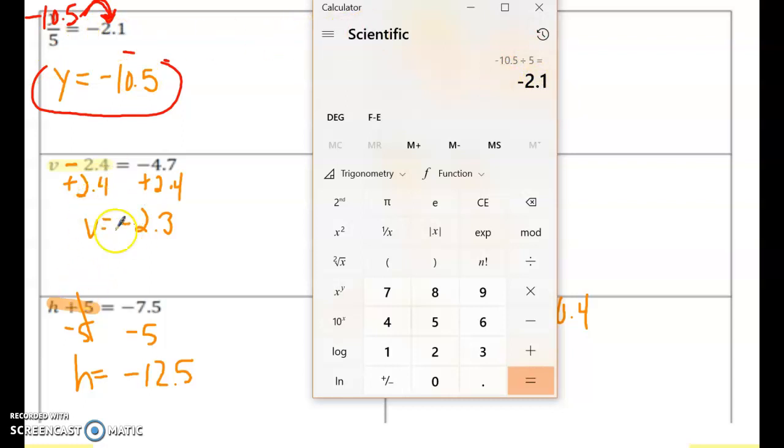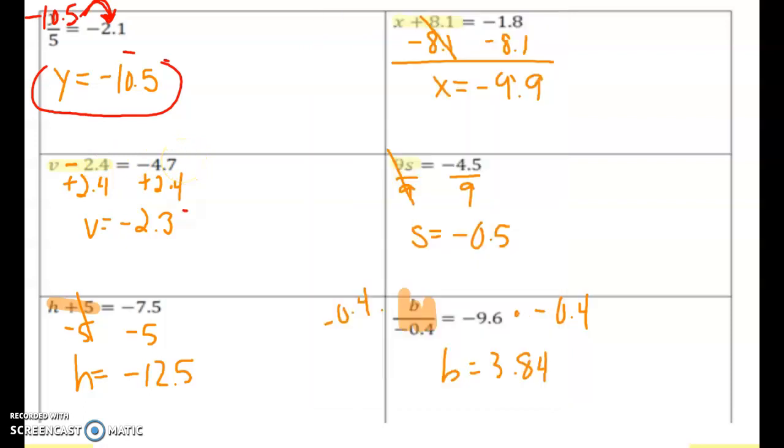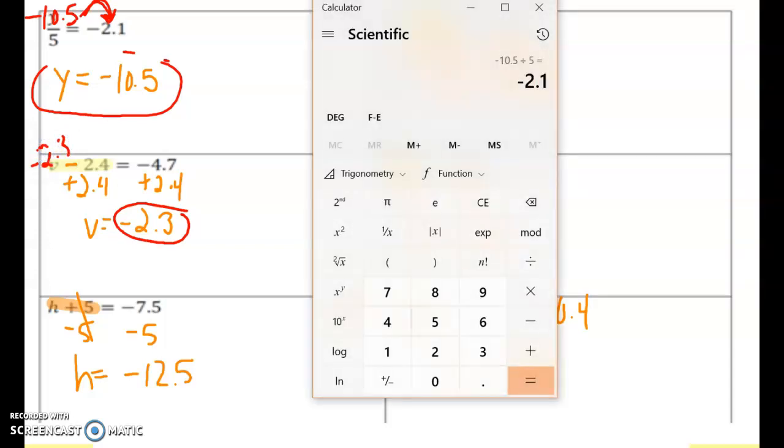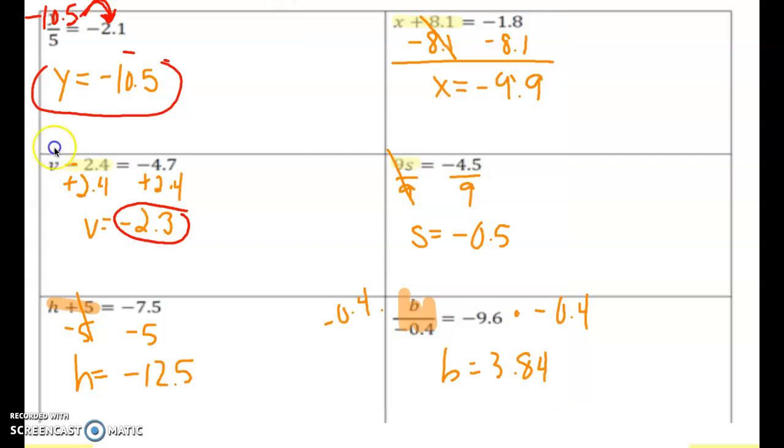So if I take a look at this one in the middle on the left, a mystery number or an unknown number minus 2.4 equals negative 4.7. We, through solving our equation, decided that that mystery number was negative 2.3. So I'm going to write it here so that you can see where I'm plugging it in. Again, I would be plugging in my answer for where the variable was.